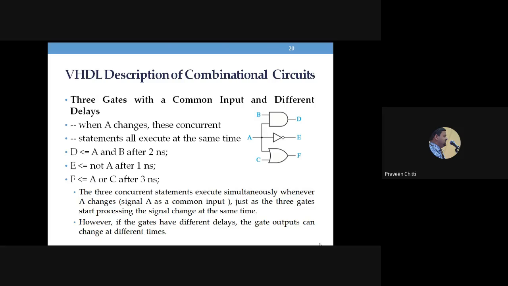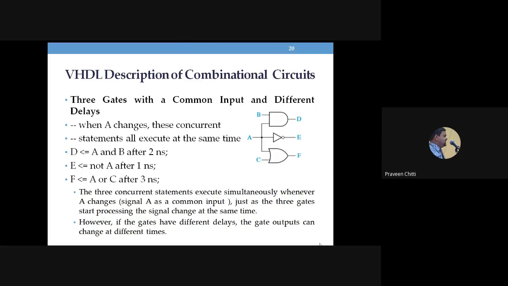Only those statements will be executed wherein an event happens on any of the input signals. In short, if any of the input signals changes, only then that particular statement will be executed, and that type of execution is called concurrent execution.